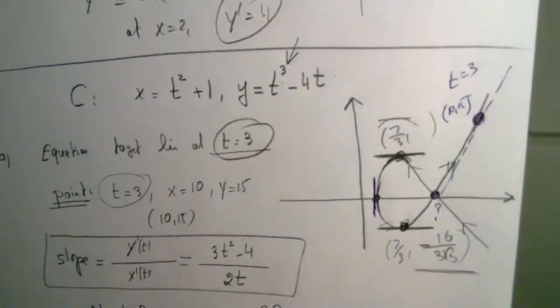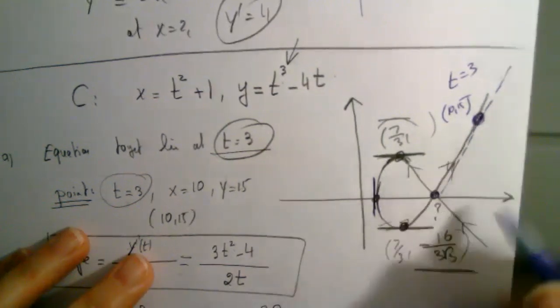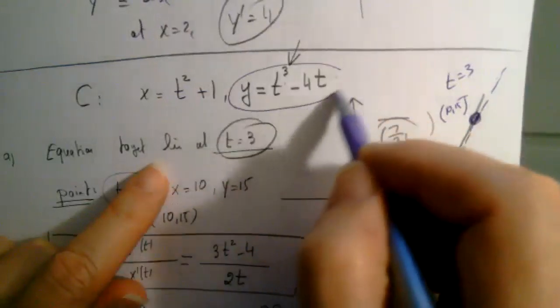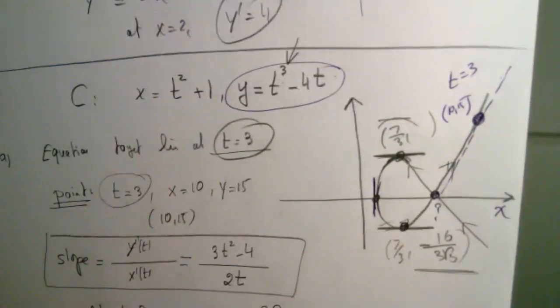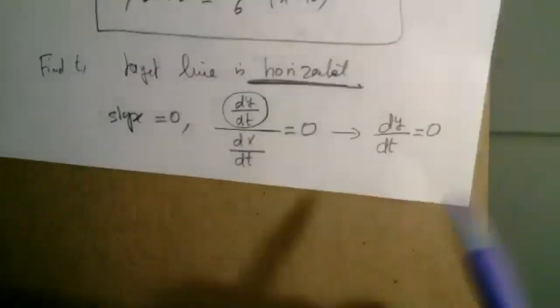Set y of t equal to 0. Absolutely. The graph crosses the x-axis when y is equal to 0, and that's exactly what we are going to do. So we are using the formula to slowly analyze the graph.